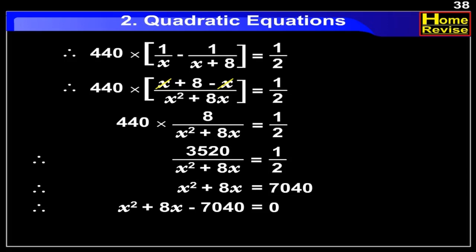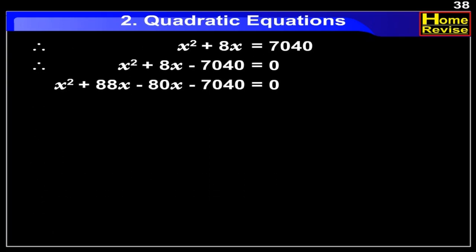Now, splitting the middle term, we have x square plus 88x minus 80x minus 7040 is equal to 0. Taking out x common from the first two terms, we have x in bracket x plus 88 and taking out minus 80 common from the next two terms, we have minus 80 in bracket x plus 88 is equal to 0.